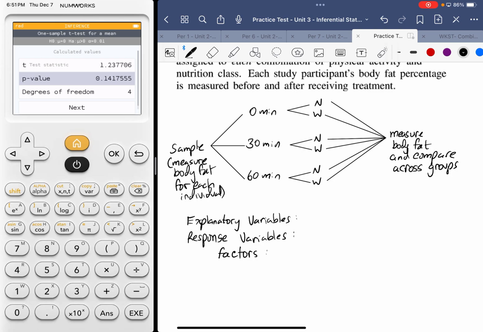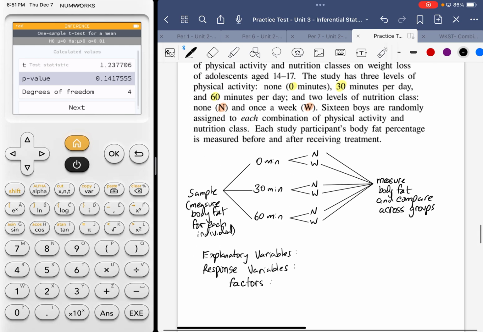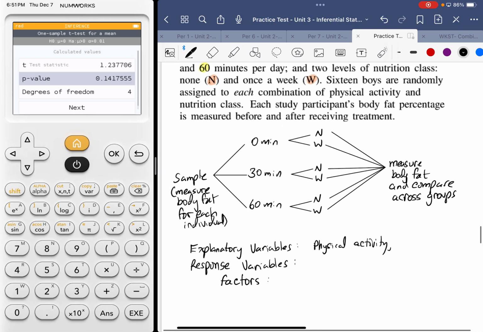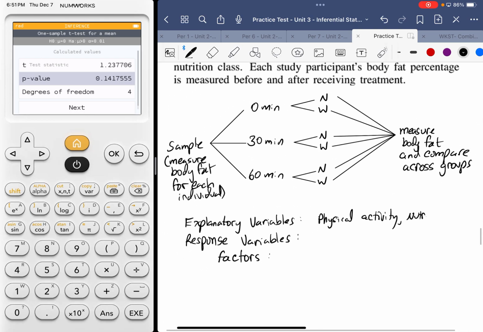So, quick bullet points. Explanatory variables: physical activity, and whether or not you took the nutrition class. The response variable is percent of body fat, or you could say change in body fat. As long as you get the idea of body fat across.